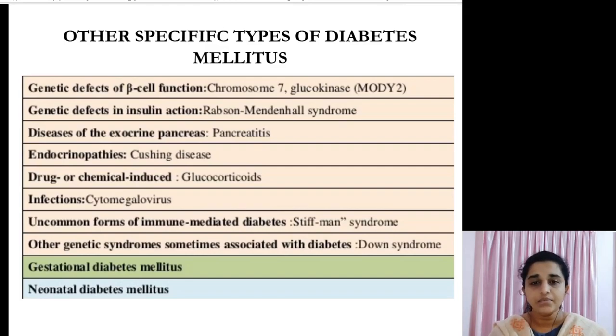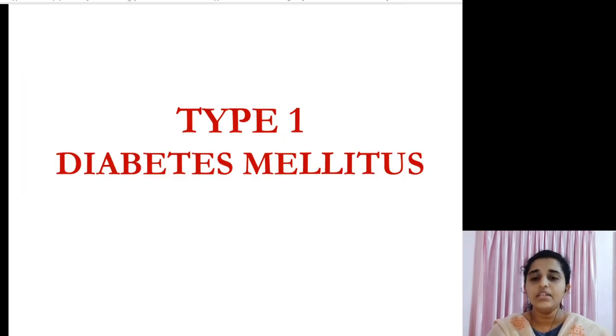So these are the major classifications of diabetes mellitus. The main classification is type 1 diabetes mellitus and type 2 diabetes mellitus. In this session, we'll be seeing about type 1 diabetes mellitus or juvenile diabetes mellitus.